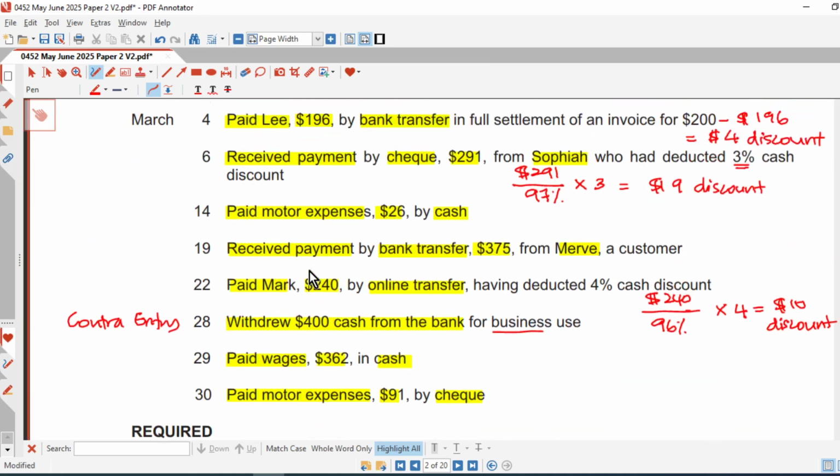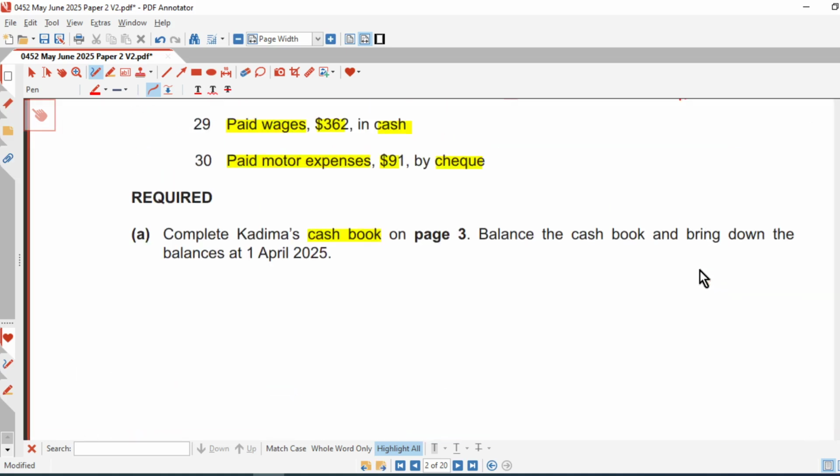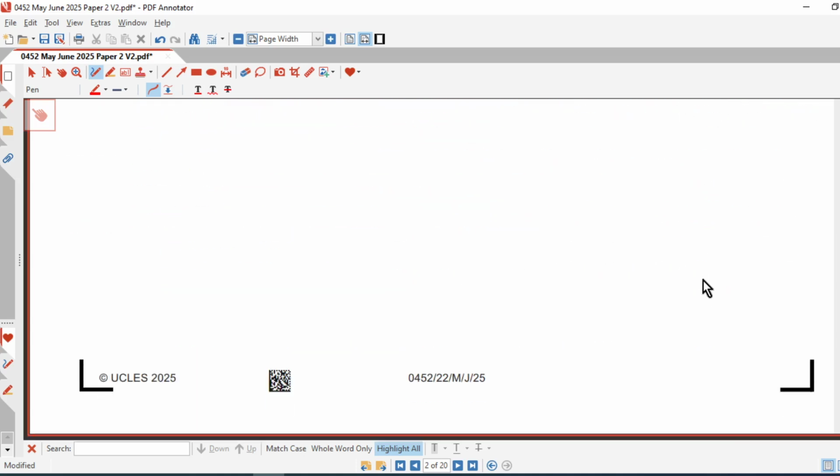Next transaction, paying motor expenses, 26 by cash. So we're gonna park it here on the 14th. We paid for motor expenses by cash, 26. Be careful, make sure you park it into the right column. March 19, receive payment from Murph by bank transfer.